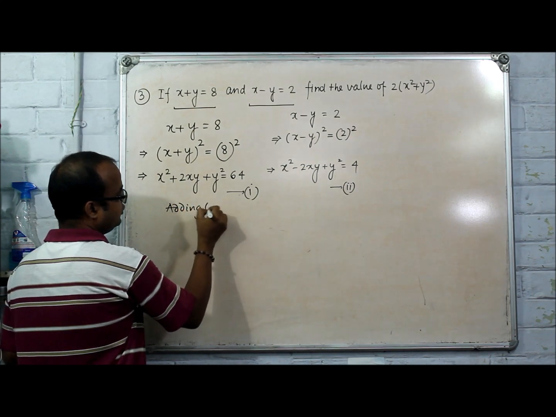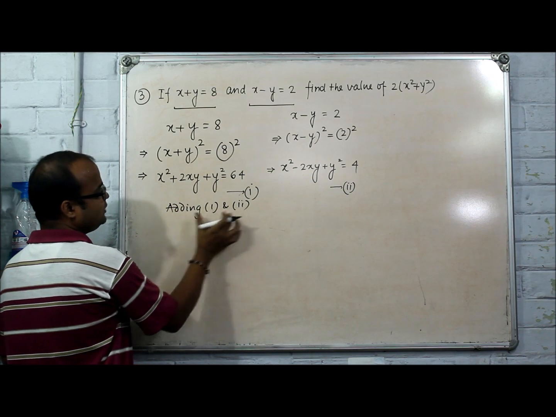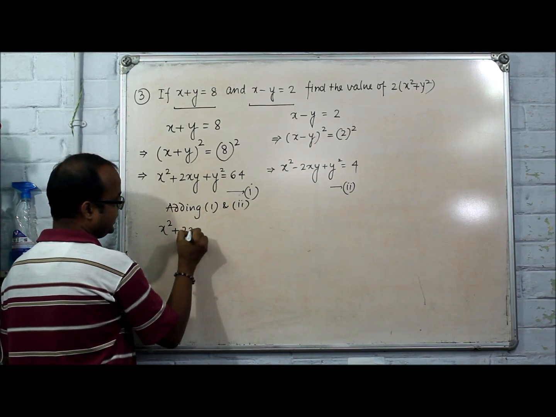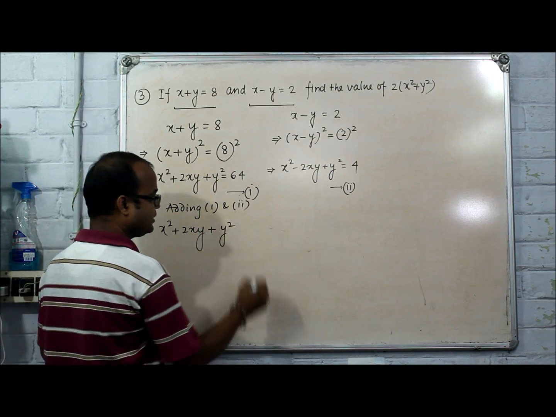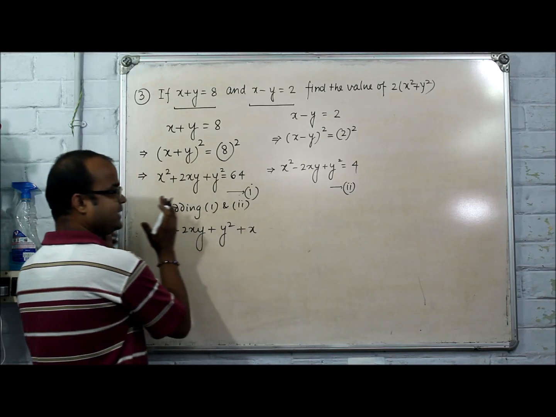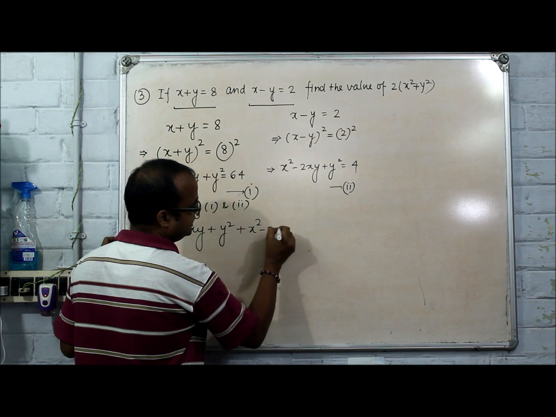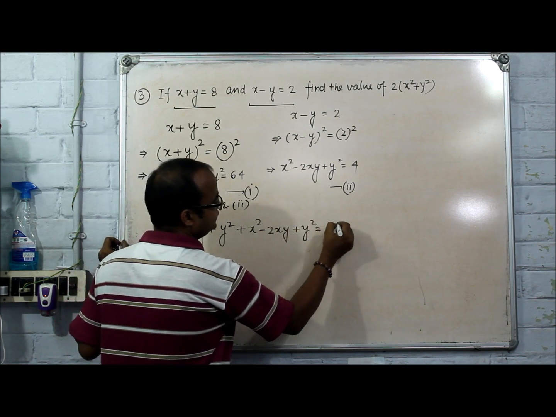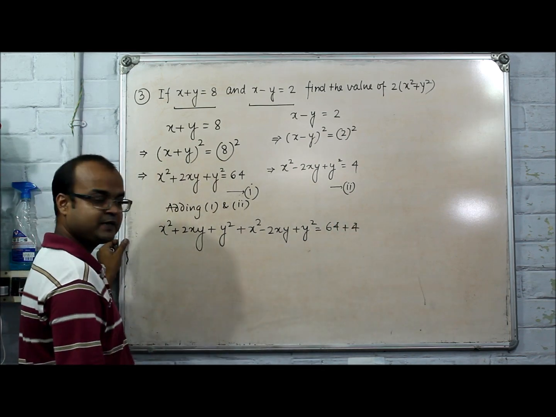Adding 1 and 2, you get x square plus 2xy plus y square plus x square minus 2xy plus y square is equal to 64 plus 4, where the left hand sides are added together and the right hand sides are added together. Clear?